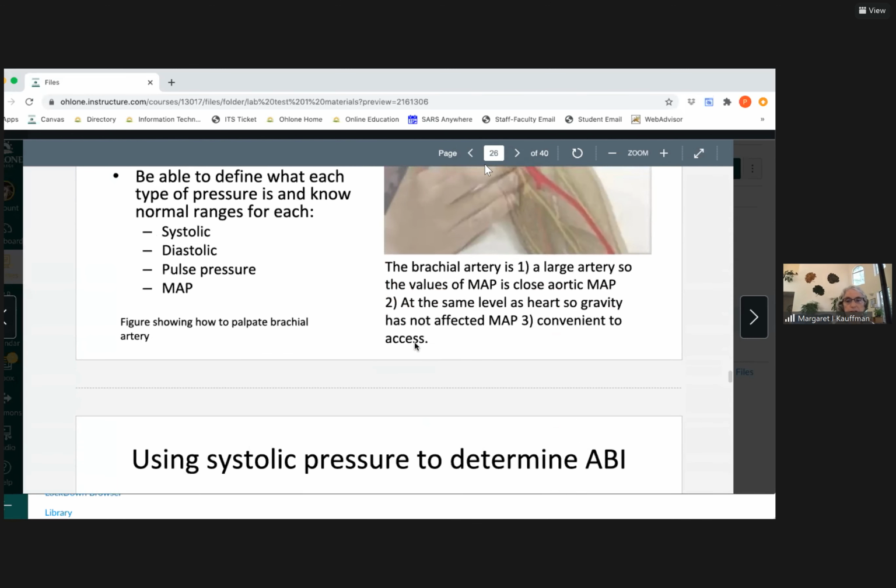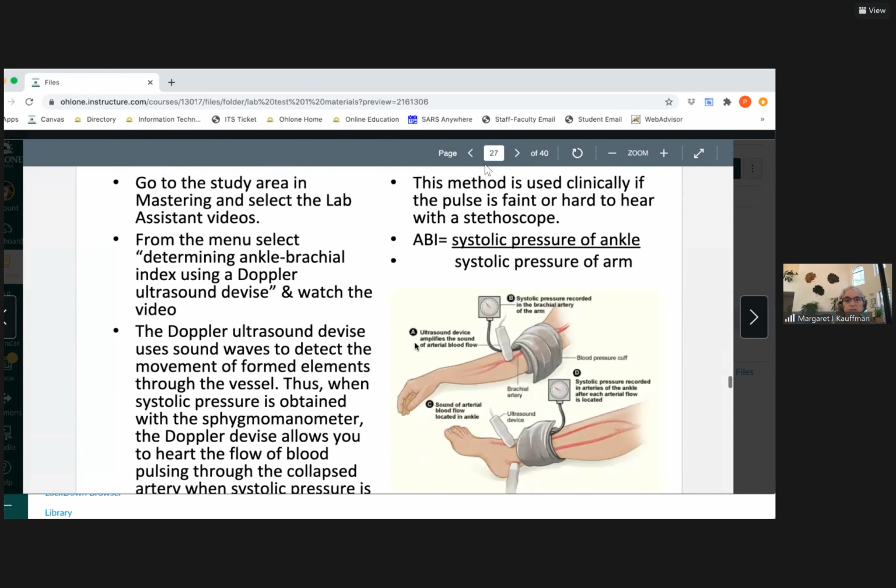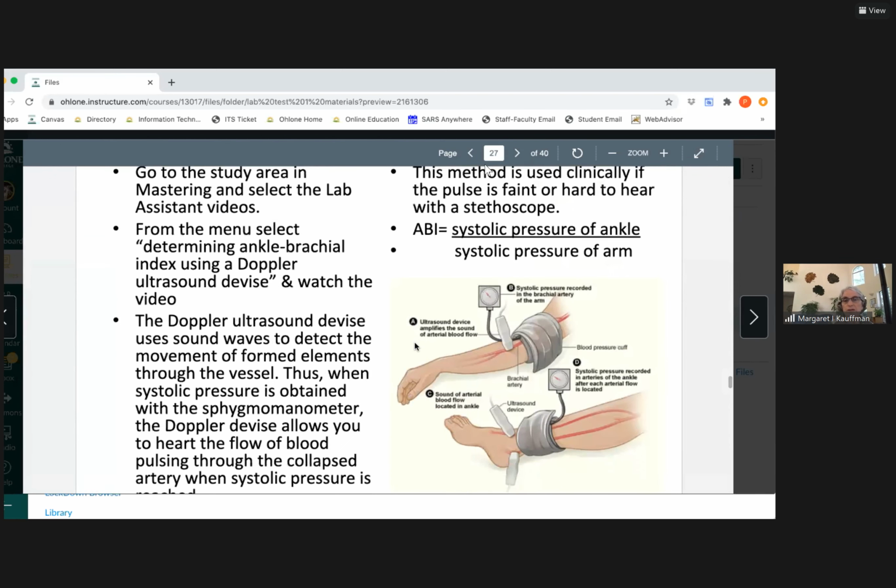We're going to use Kevin's video, and that's described here. They're actually using, I guess, your ankle, not your radial, and they're not using a microphone. They're using an ultrasound device to pick up the sounds or the movement of blood as it first enters. So they compare the brachial to the popliteal, the pressure in your ankle artery. I thought it was radial, but I forgot.